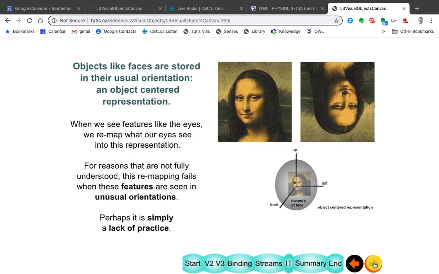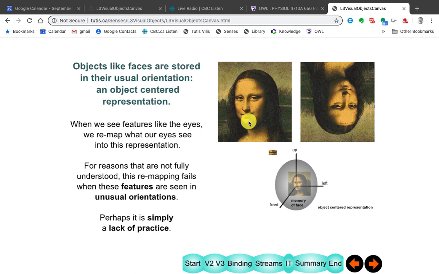Well, one theory is that we store our image of Mona Lisa in a frame of reference. We store her face in the view that is seen most of the time. Being a painting, you see it most of the time from this particular view, not the upside down view.